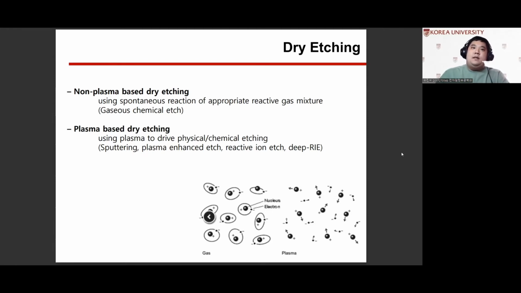The non-plasma based dry etching usually uses corrosive gas such as acid, and the plasma-based dry etching usually uses plasma that is accelerated by electric or magnetic force.